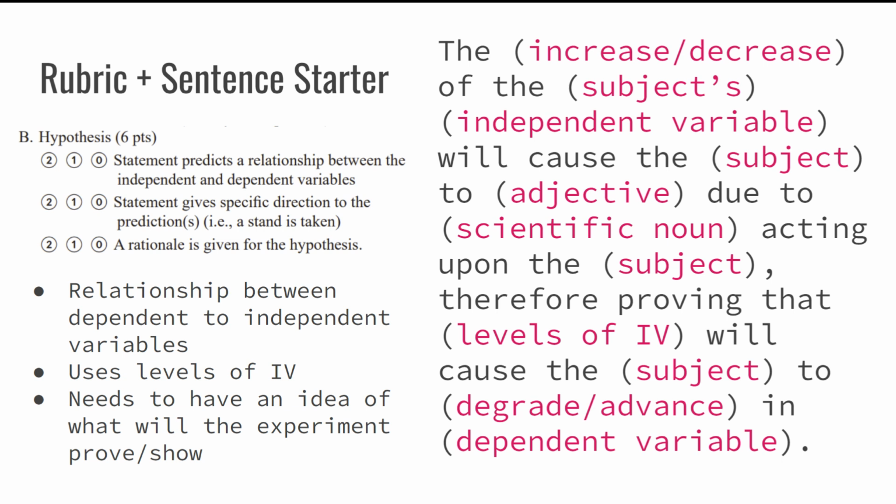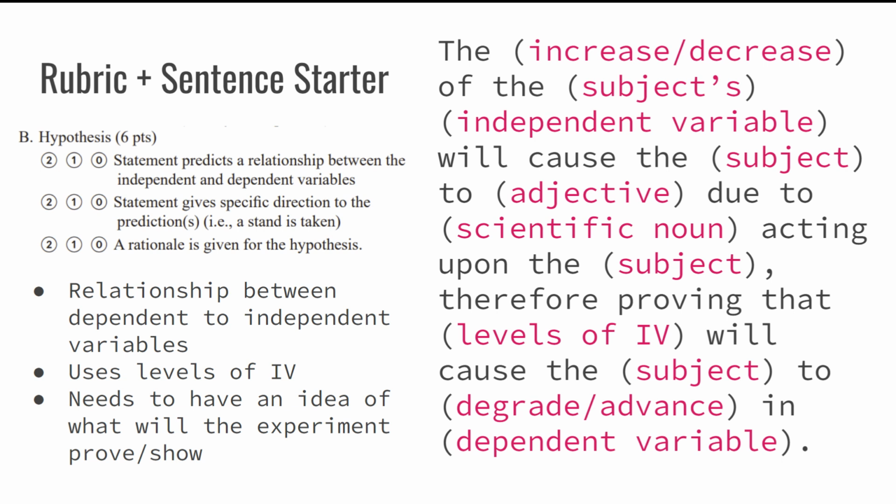And now let's look at our sentence starter, which says: the increase or decrease of the subject's independent variable, the subject being our plane, will cause the subject to some type of change. This could be some sort of adjective used to talk about maybe sink, slow, hurry, and so on, due to a scientific noun, which is what I was going back to before, our proof, our theory, law, and so on, acting upon the subject, therefore proving that the levels of independent variable, so how we are changing our independent variable, will cause the subject to degrade or advance.